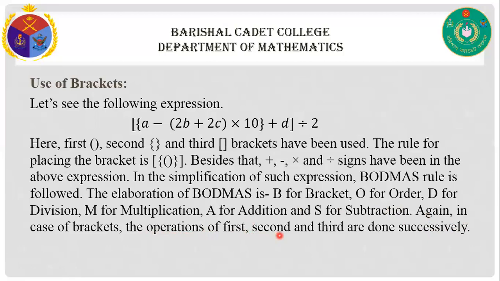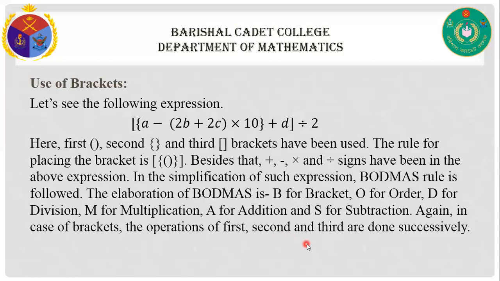First we operate the first bracket, then the second bracket, and finally the third bracket. O for order means exponential term, and then division, multiplication, addition, and subtraction. This is the rule for simplification.